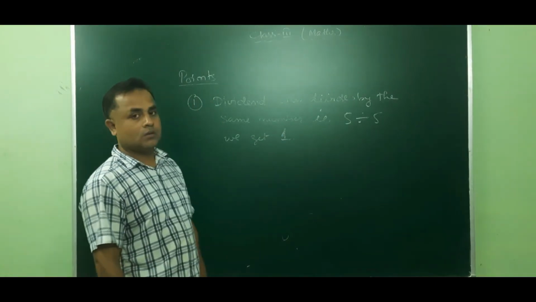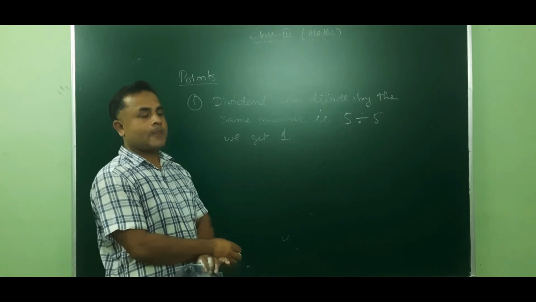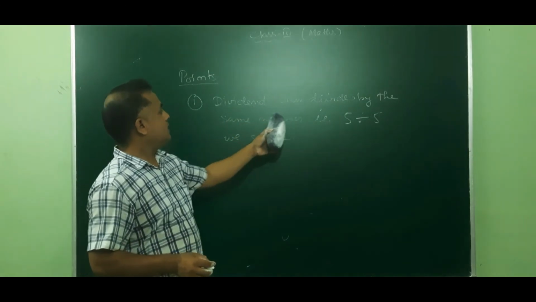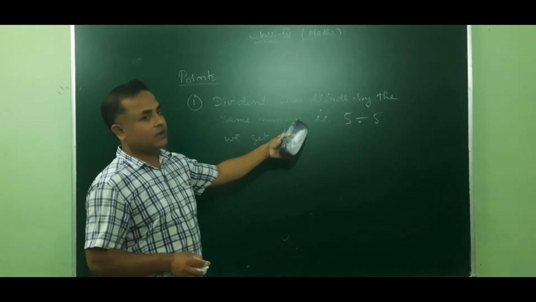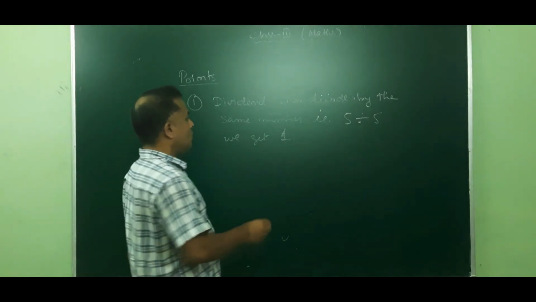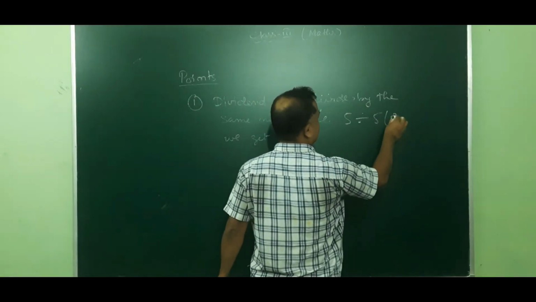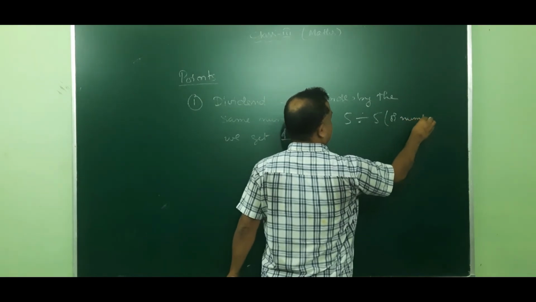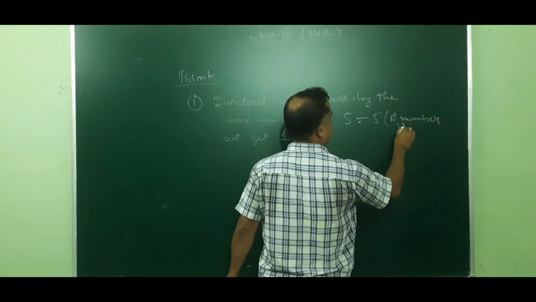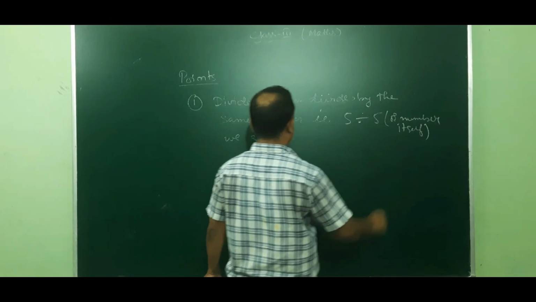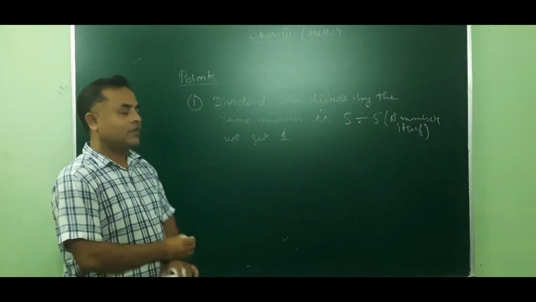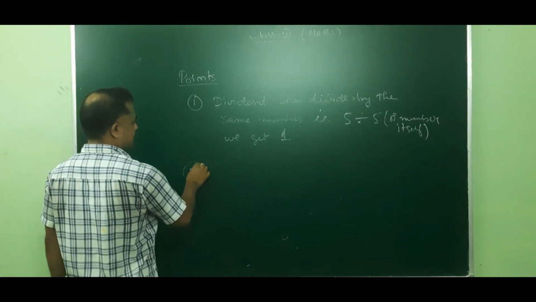When we divide a number by the number itself, we get 1.